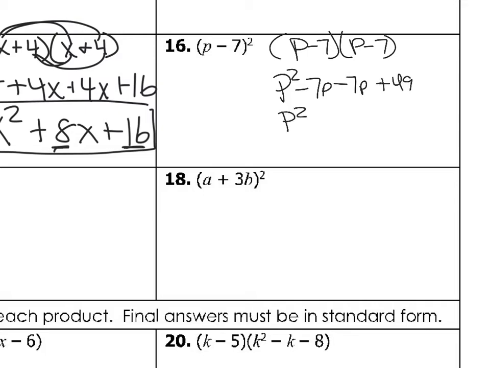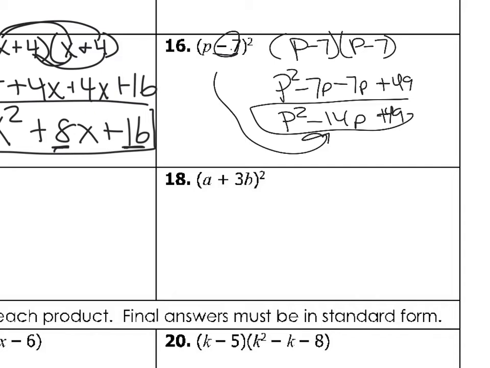So p squared minus 14p plus 49. So if you look, this negative 7 here, it's doubled with that p, and here it's squared. Negative 7 times negative 7 is 49.